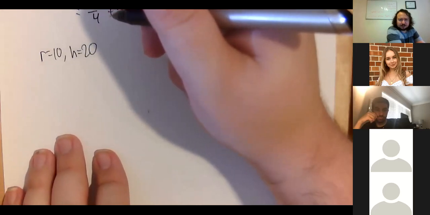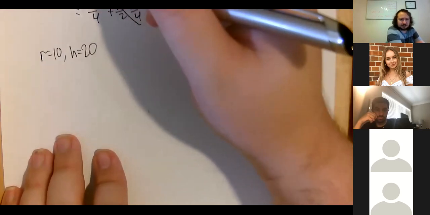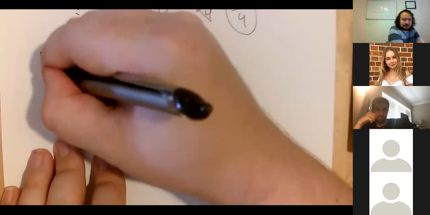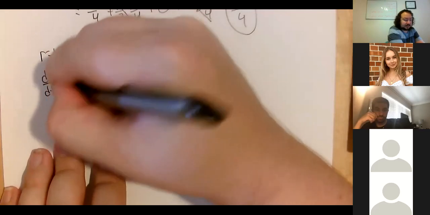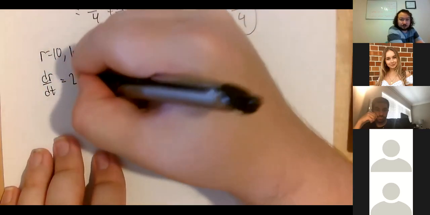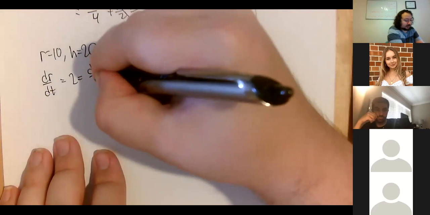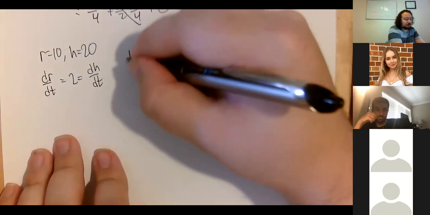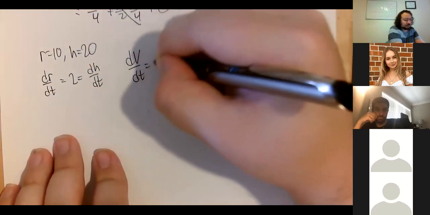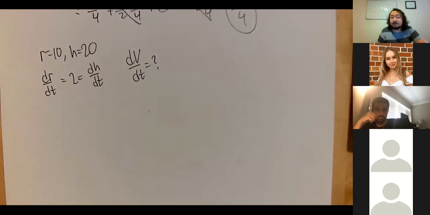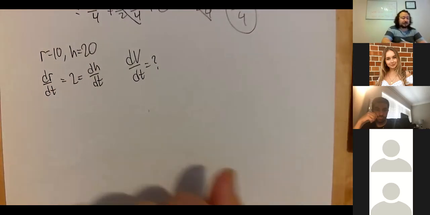It doesn't say increase or decrease, so I'm going to assume it's positive since all the answers here are positive. So dr/dt equals 2 equals dh/dt. And our goal is to figure out what dV/dt is going to be.